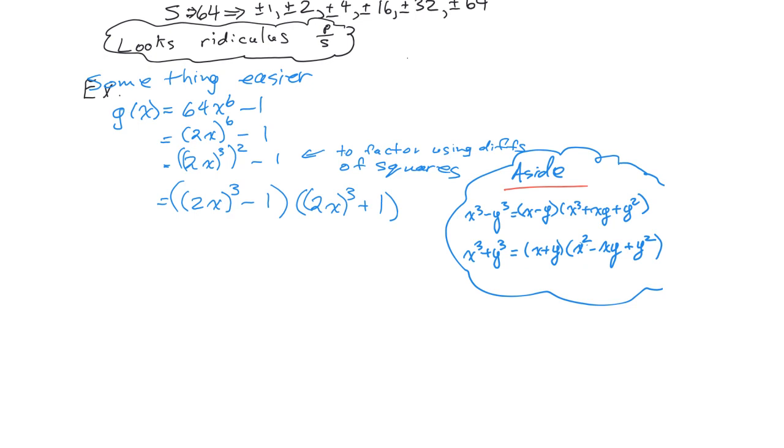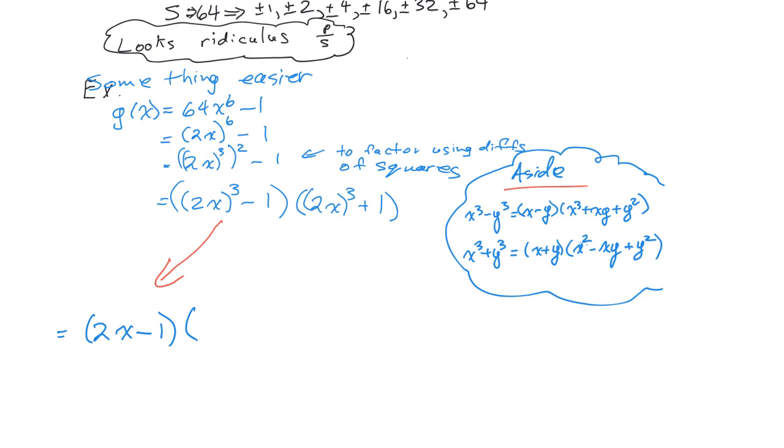So when we go and do this problem, we end up factoring this part here, and it turns into 2x minus 1 times that big ugly thing.